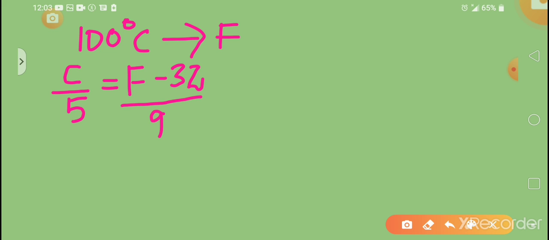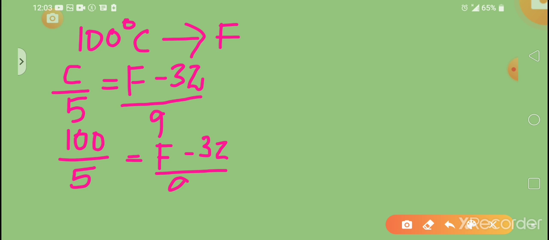Then what do we have to do next? We should substitute the values. C means the temperature on the Celsius scale, that is given already, 100 degrees Celsius. So 100 divided by 5 is equal to F minus 32 by 9.